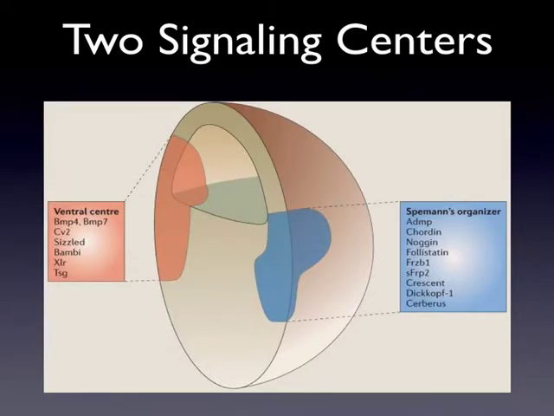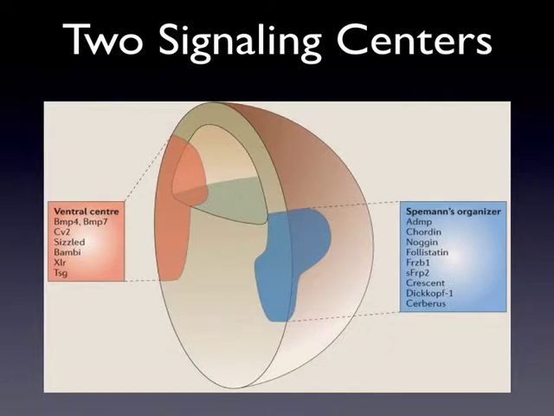Now, it's become fashionable recently to look at the late blastula and the early gastrula as a system that has two signaling centers, whereas traditionally we've thought of just the major signaling center in the stage 8, 9, 10 embryo as the Spemann-Mangold organizer, the SMO.